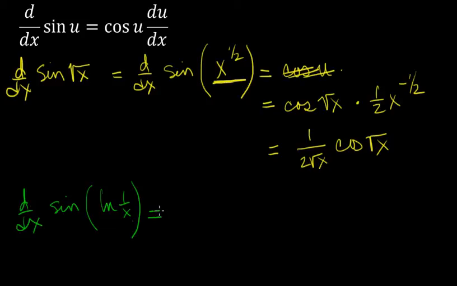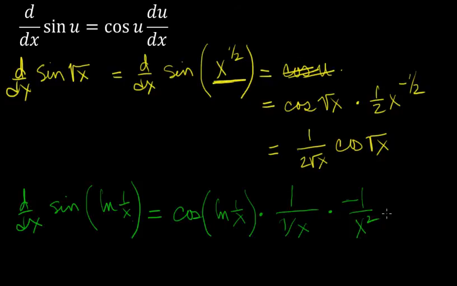So I'm just going to take the derivative of sine is cosine, so I'll have cosine, same argument, natural log 1 over x. Now I'll multiply that by the derivative of natural log 1 over x, which is 1 over 1 over x, times the derivative of 1 over x, or x to the minus 1, is minus x to the minus 2, so I'll put minus 1 over x squared.